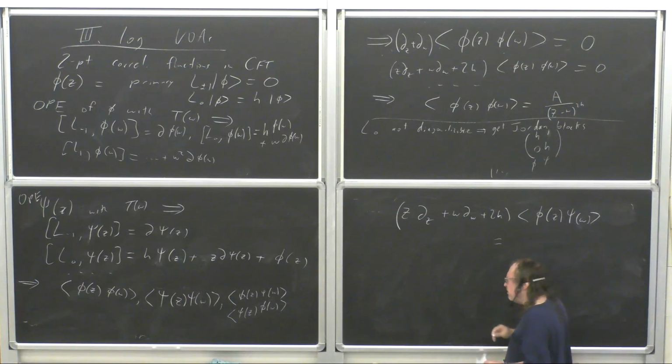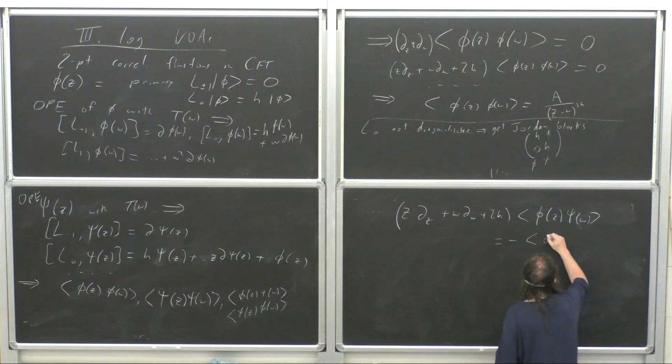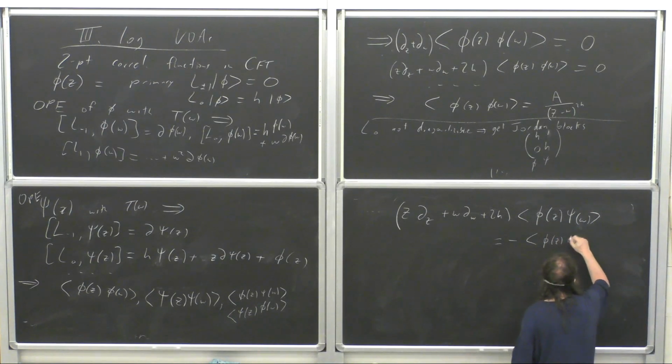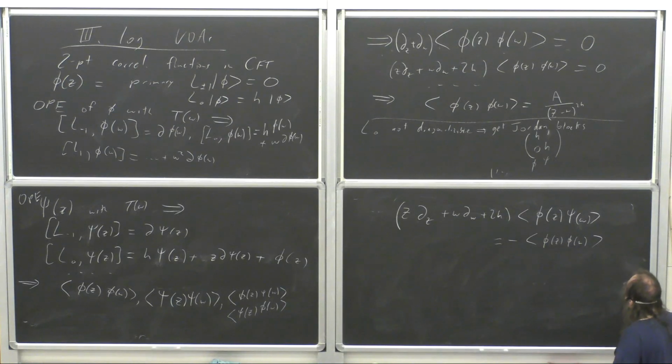Or not descendant, that's the wrong word. You get your partner coming in. And so this is what I believe you get. And so that's what you get.